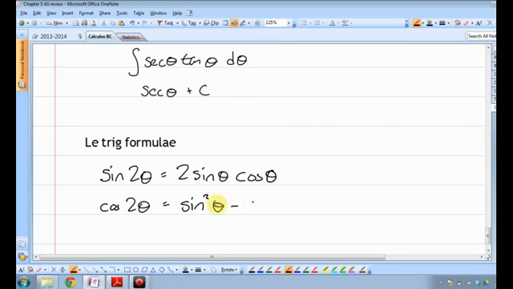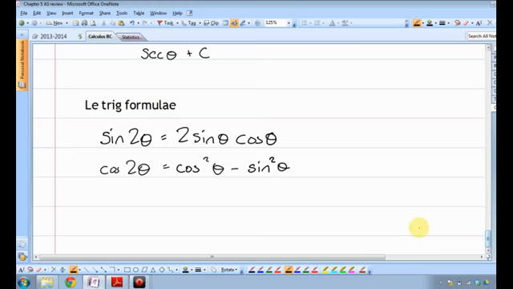It's cosine squared theta minus sine squared theta. Tangent 2 theta, and really the tangent ones are the last ones you should memorize because they're not so necessary. I think this is 2 tan theta over 1 minus tan squared theta.